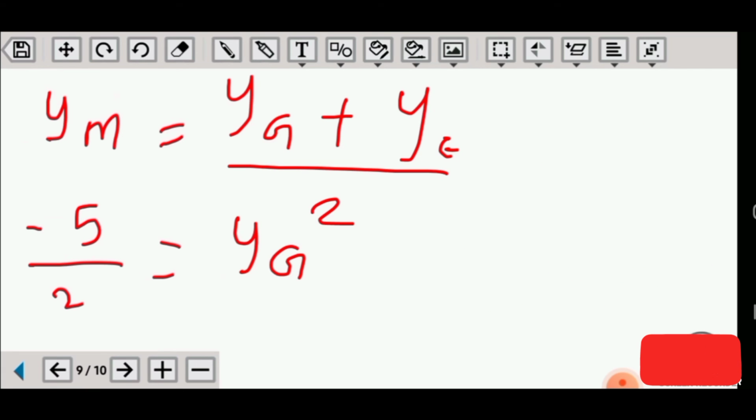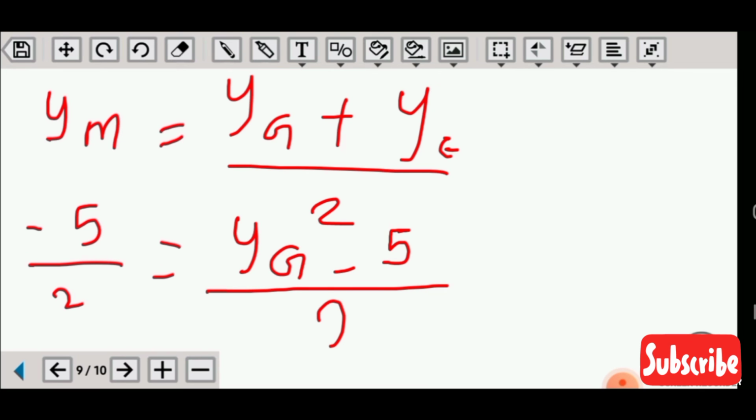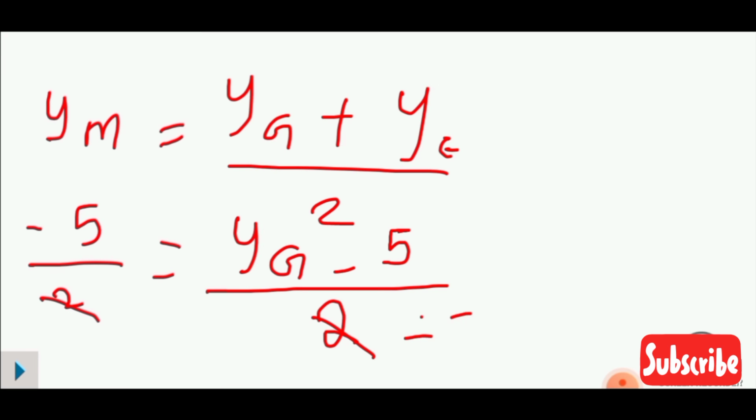So the y of point E is -5, and all divided by 2. And these will cancel, and we'll be left with -5 is equal to yG minus 5.